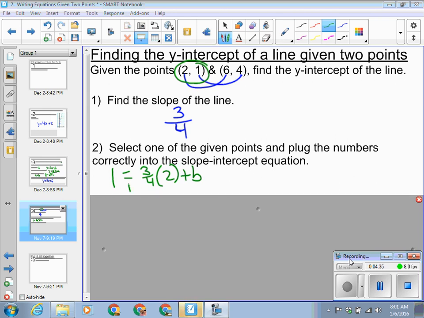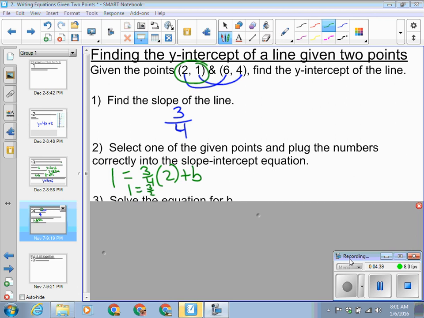Work this through. 1 equals 3/4 times 2, which is 6 over 4, so 3/2, plus b. I'll leave it right there. You know how to use the 6, 4 point. With the 3/4 slope, we'll say 4 equals 3/4 times 6 plus b.